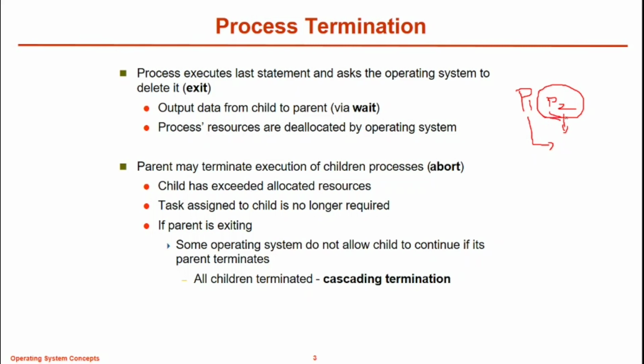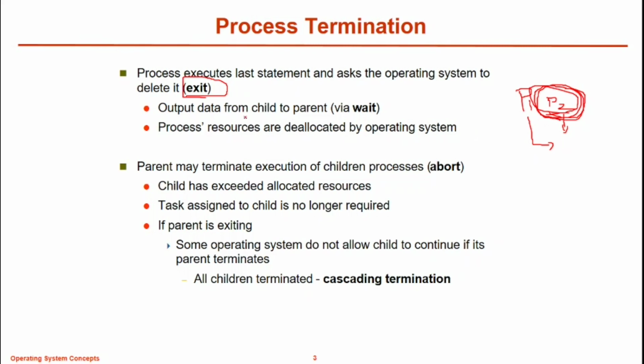So once it has completed its task, it has to be removed from memory, because memory has to be given to some other process. Using the exit command, it terminates from memory.